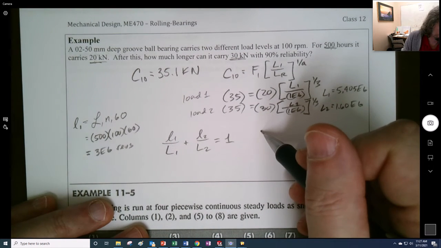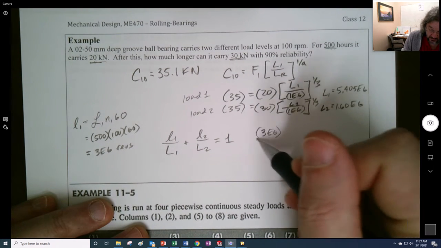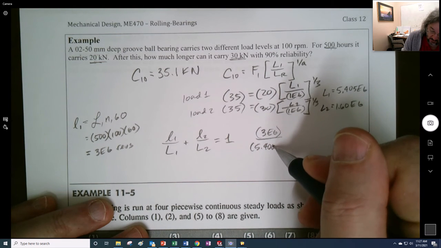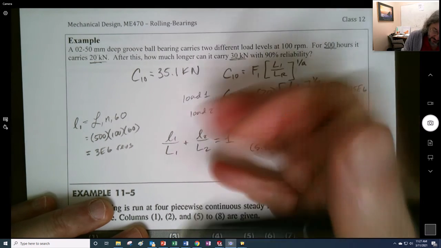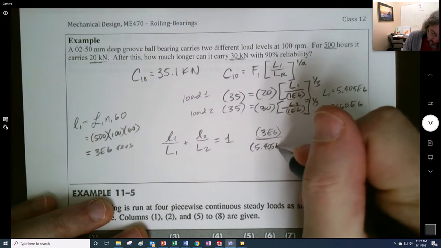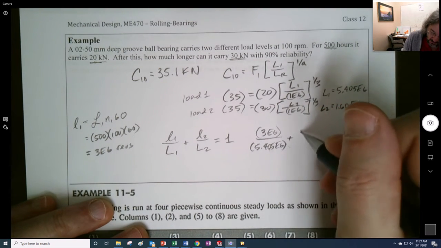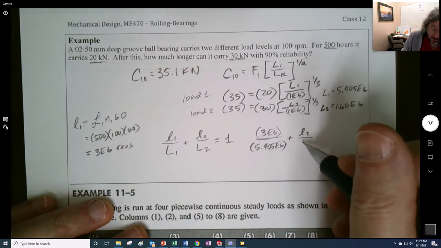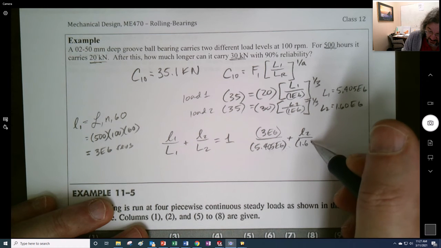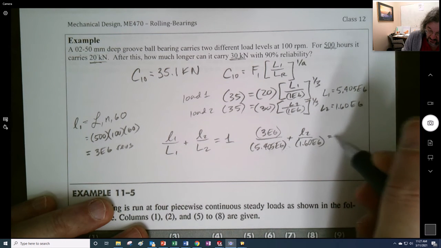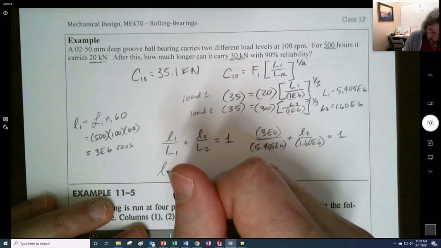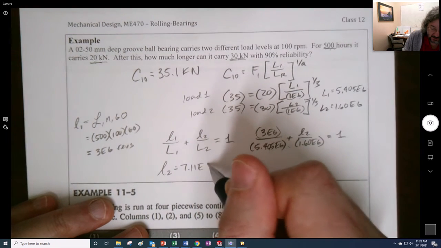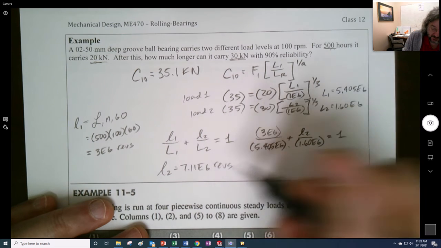So we say 3E6 divided by 5.405E6, which is going to be our prediction, plus little L2 divided by 1.6E6 equals 1. We're going to find L2 is going to be 7.11E6. These are revs, by the way.